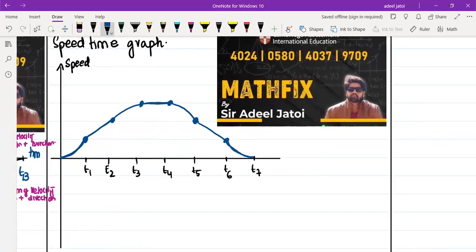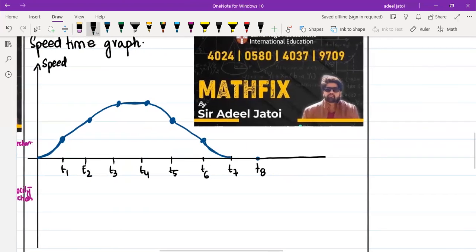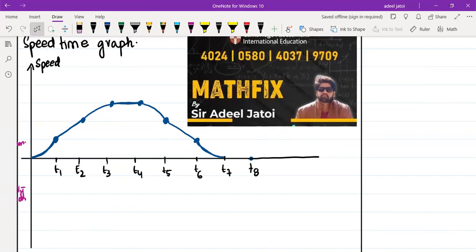So let's say T7 to T8, we are at rest, but we'll go further down. If we just say T9 and T10, let's say we have rest, and after rest, we have a straight line.